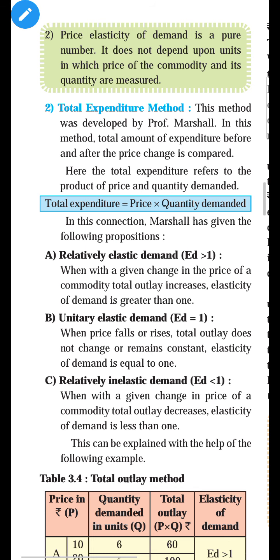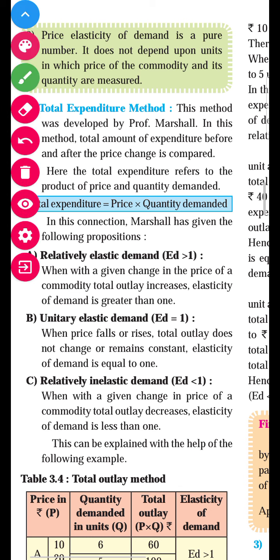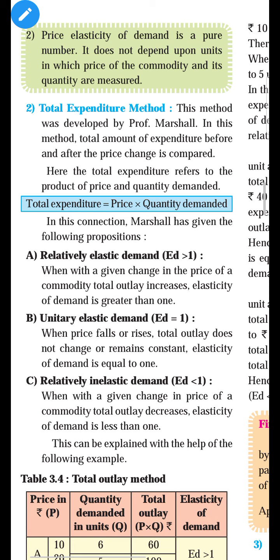Total expenditure method can be obtained by multiplying price into quantity. This method was developed by Dr. Marshall. In this method, the total amount of expenditure before and after the price change is compared. Here total expenditure refers to the product of price and quantity demanded.